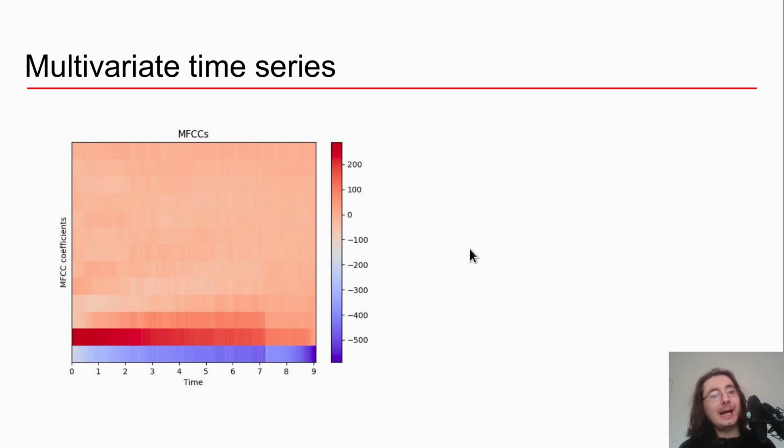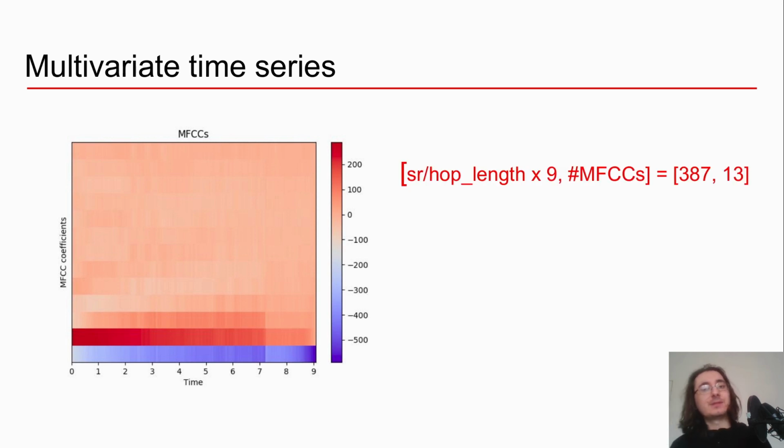Here we have values at different intervals, and for each interval we have, in this case, 13 values, and each of the values represents a coefficient. It's an MFCC, right? In this case, we're talking about a multivariate time series because we're taking more measurements for each interval. The first dimension here is given by the overall number of intervals.